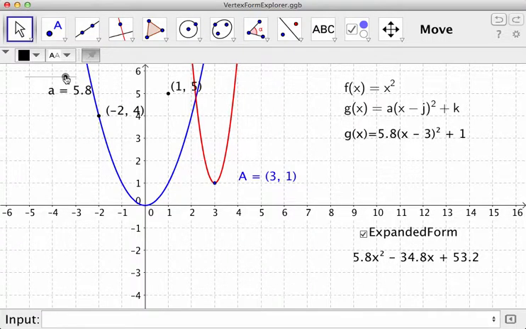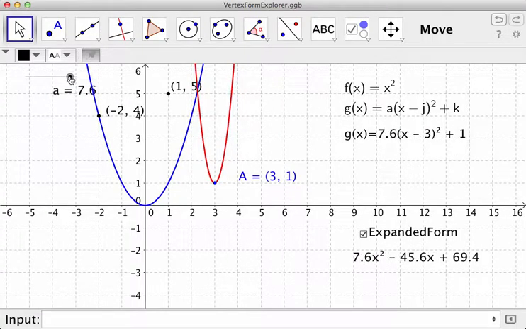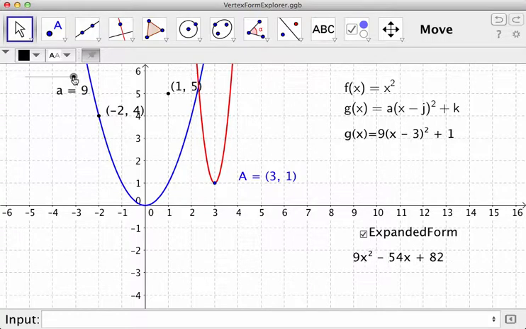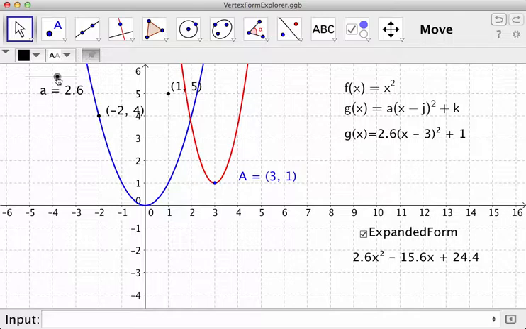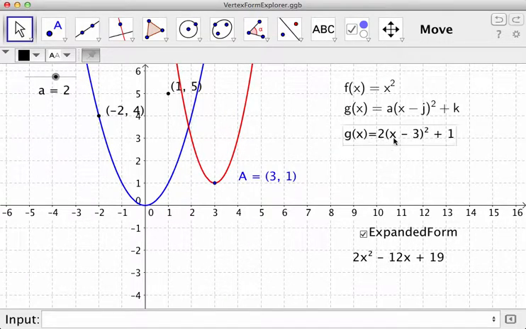And again, as a increases in value, our quadratic gets narrower. And so what we're saying now is that, let's say we have this equation, g of x equals 2 times x minus 3 squared plus 1. Now to figure out the value, let's say we have a point on this quadratic, right here, c.